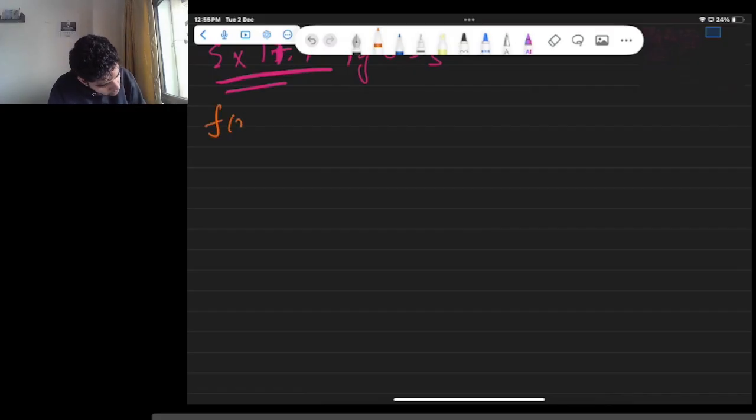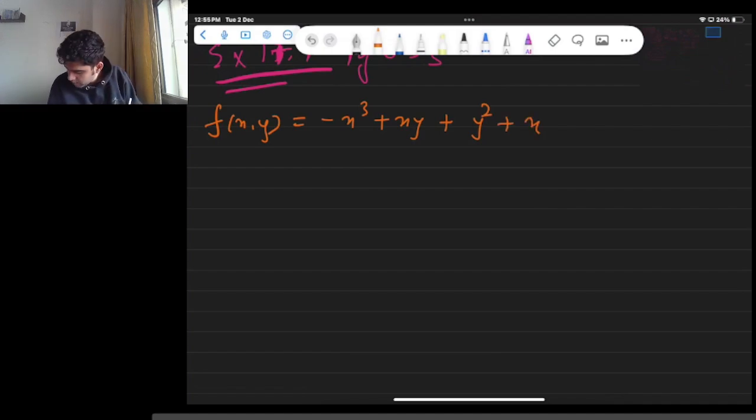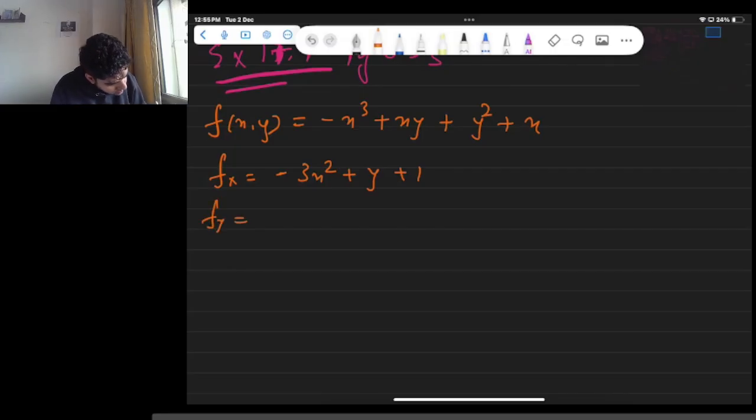So f(x, y) is equal to minus x cube plus xy plus y square plus x. This is my function. So f of x is minus 3x square plus y plus 1. My f of y is x plus 2y plus 0.